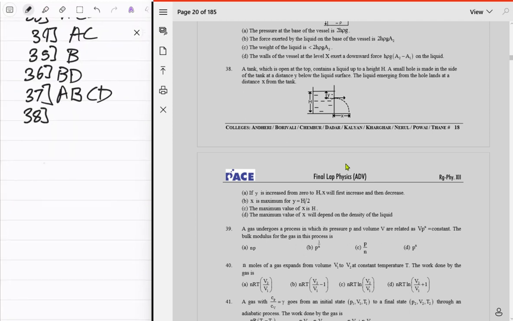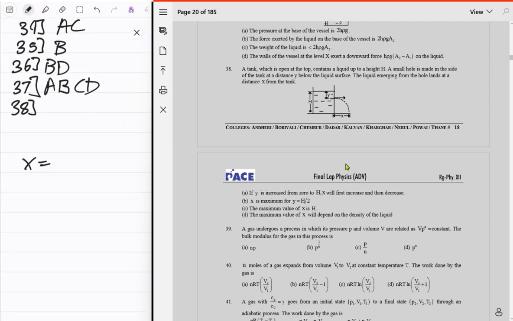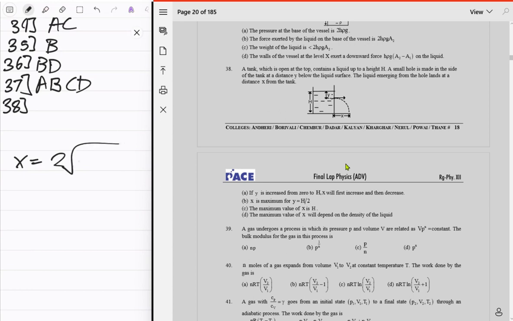So how is x? X is actually 2 square root of y times (h minus y), I believe, right? Yes, that's the thing. So if y is increased from 0, x will first increase then decrease.